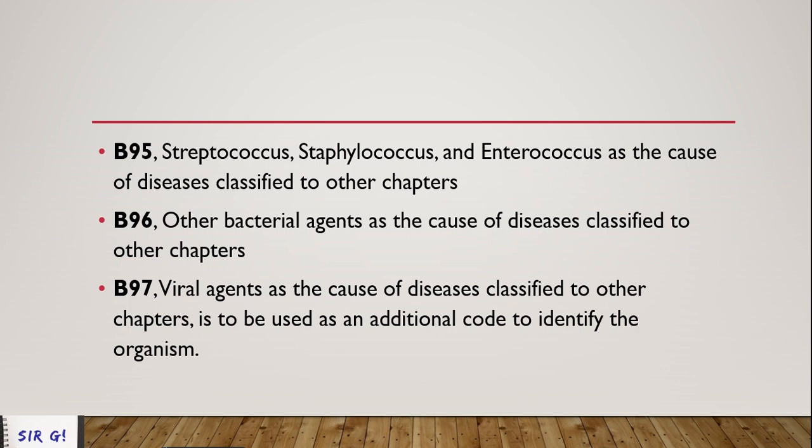They should always be an additional code only. So when you see choices in the exam where the first code starts with B95, B96, or B97, eliminate that. Because they are to be coded as an additional code only to identify a certain type of organism.